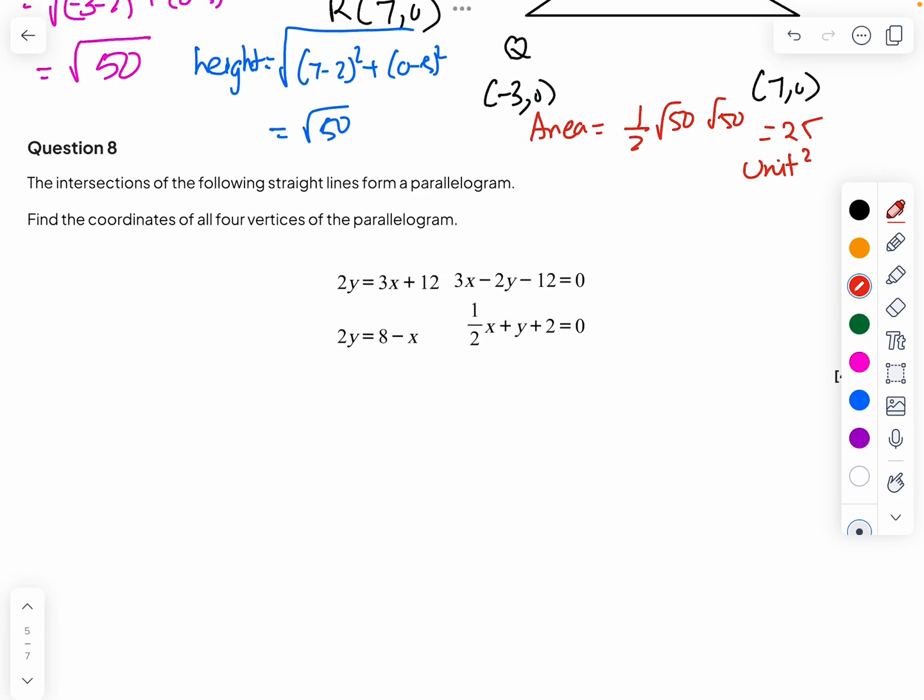Question number 8. The intersections of the straight lines form a parallelogram. Find the coordinates of the parallelogram. So basically a parallelogram will have opposite sides parallel.